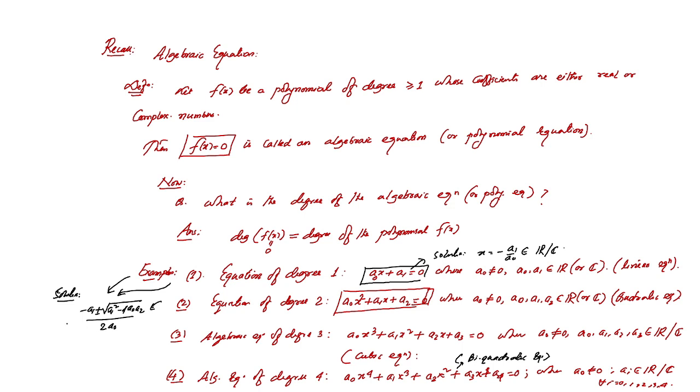It is one of the famous formulas: for ax square plus bx plus c equals 0, the solution of the quadratic equation is x equals minus b plus minus square root of b square minus 4ac, by 2a. That is the solution, and this formula is the Acharya formula.